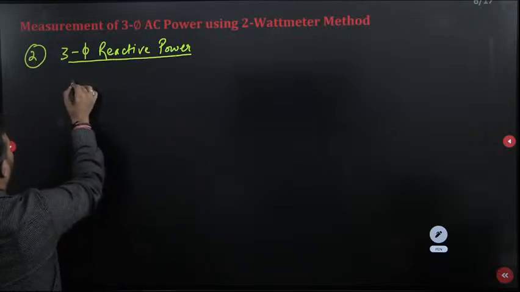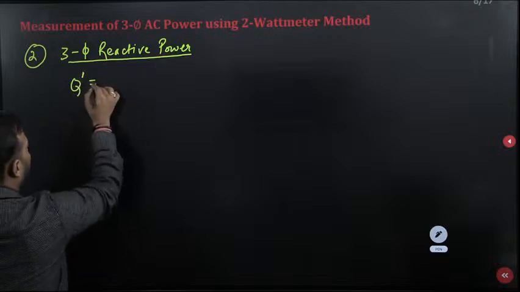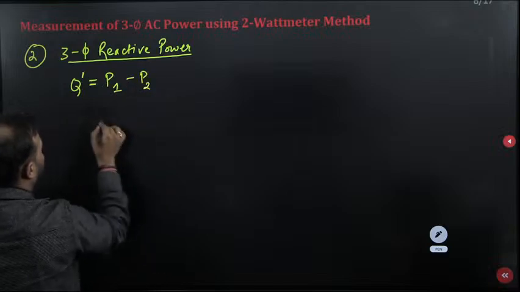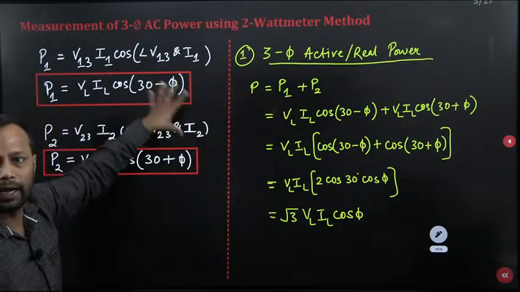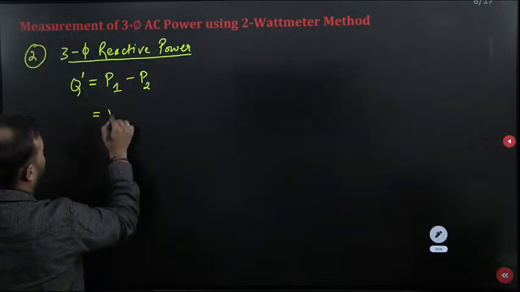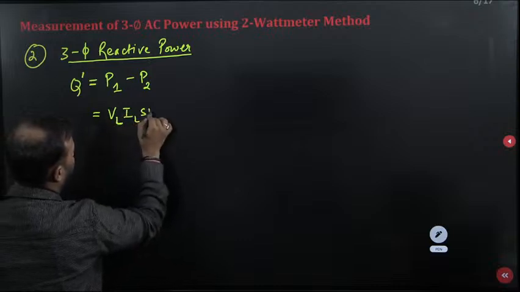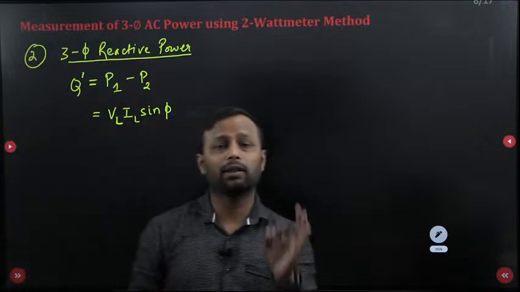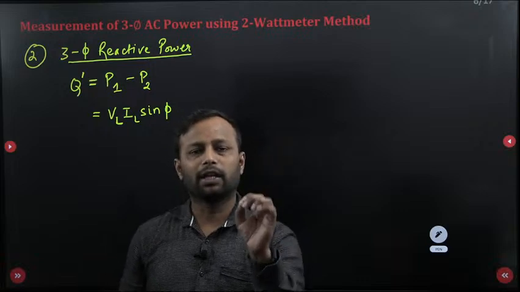Like see, let me take Q dash. Why am I writing Q dash? You will come to know once we simplify P1 minus P2. So when you subtract these two readings, we will get VL IL sin phi, which is not the actual three-phase reactive power. The three-phase reactive power is what?